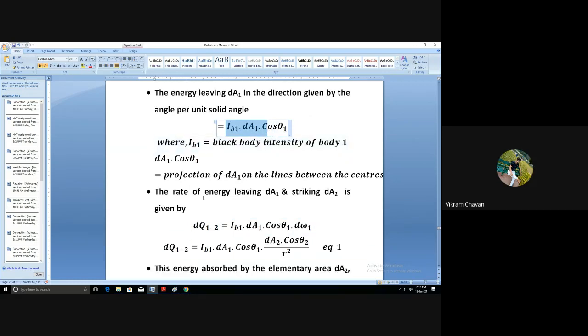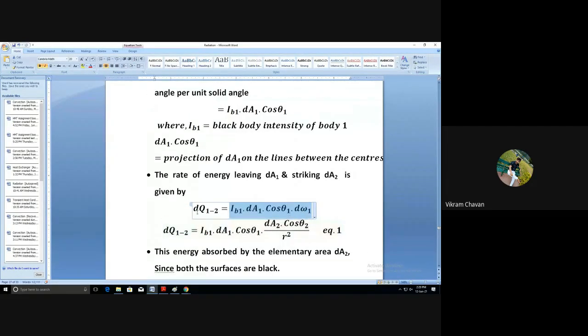But if we consider the rate of energy leaving dA1 and striking dA2, we have to multiply with the solid angle, since there is no per unit solid angle here. So dQ1 to 2 will be equal to IB1 multiplied by dA1 multiplied by cos theta 1 multiplied by d omega 1, where d omega 1 is the angle subtended by dA2 on dA1.